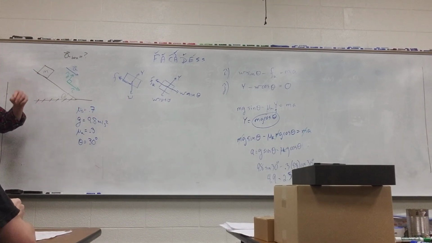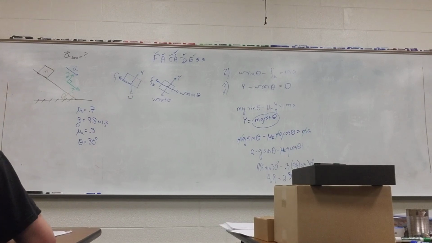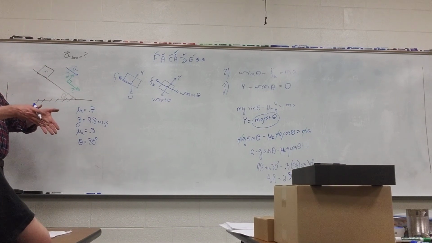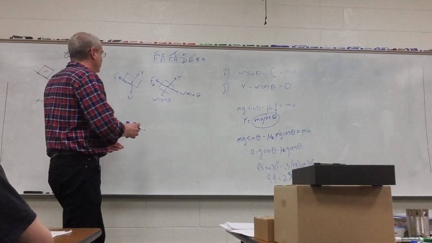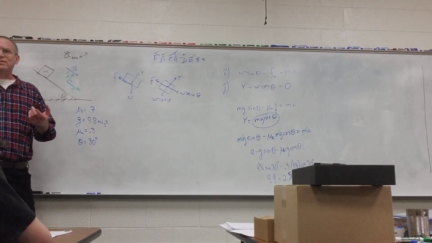And by the way, I've never actually seen a coefficient of friction bigger than 1. I don't know if there's any theoretical reason why it couldn't be. But that's the maximum value before it slips. We need to figure out, is the force down the ramp enough to overcome the maximum static friction? The only thing that changes in our force diagram is we have to assume that it's static to start with.